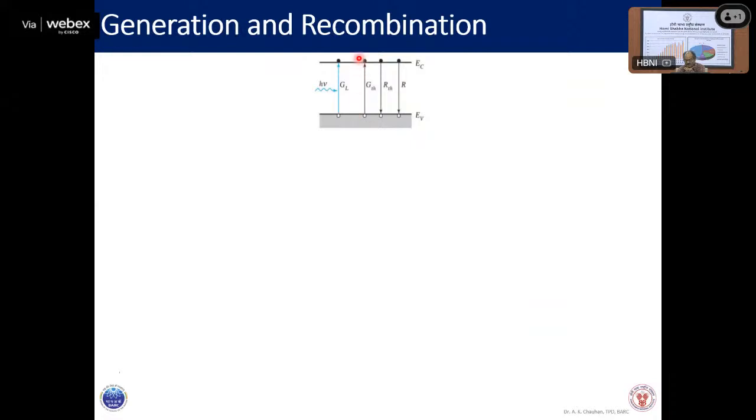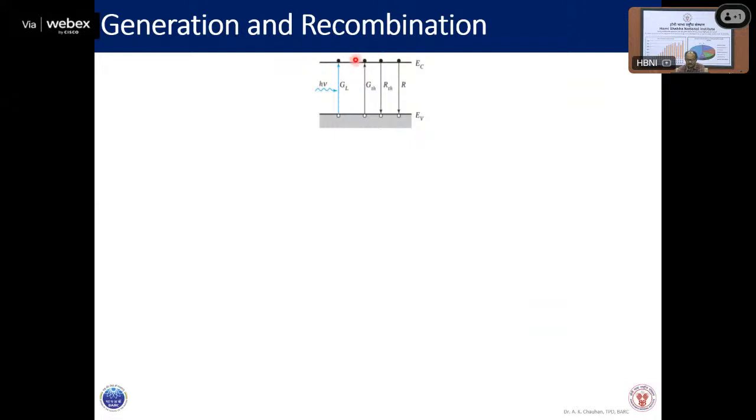Now they cannot stay there for long. When you excite an electron from the valence band to the conduction band, it can come back to the valence band, and the same amount of energy which it absorbed going up will be released.